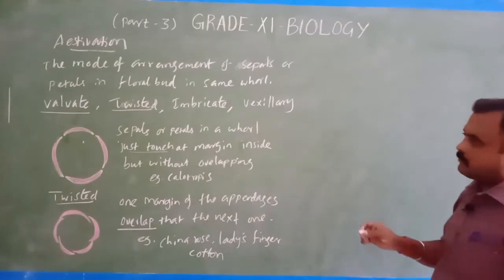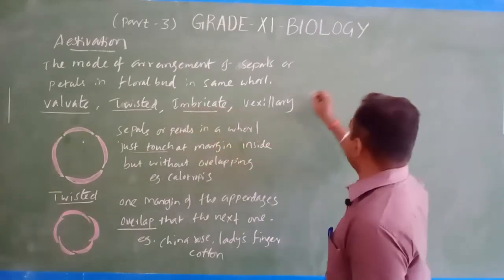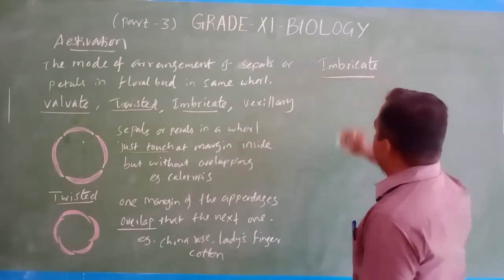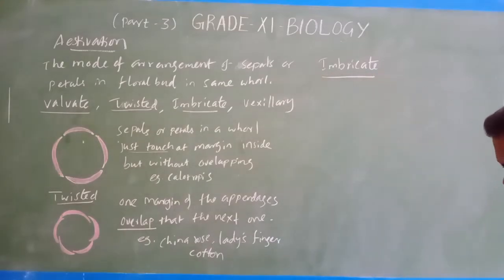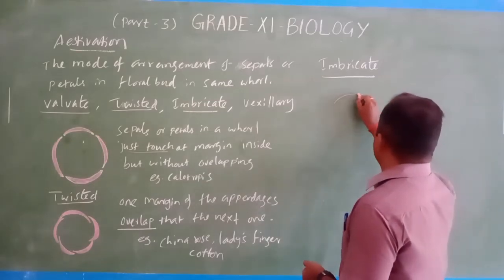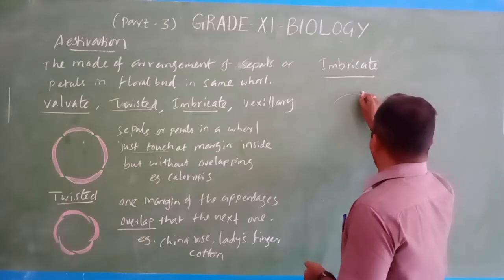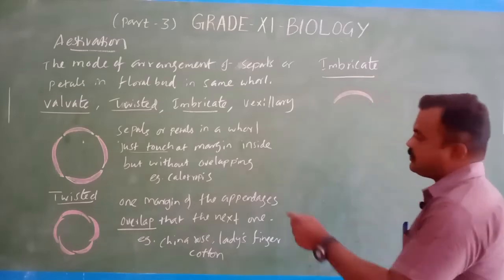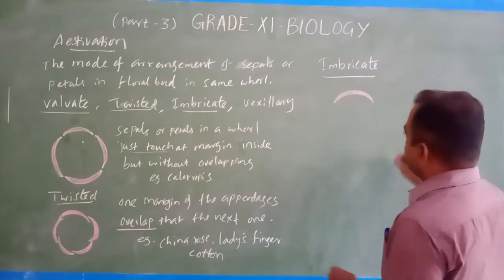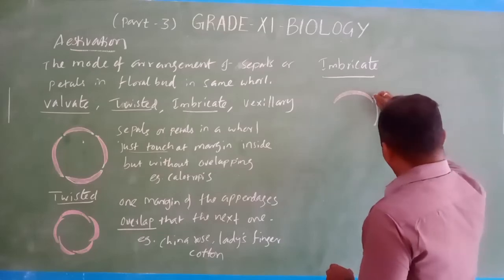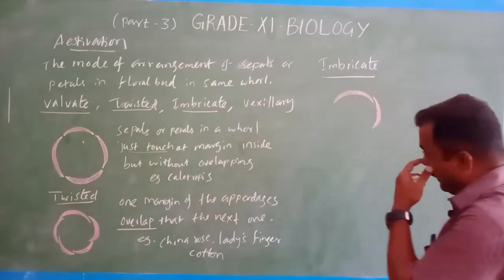The third one is what? Imbricate. Imbricate is, so this is one appendage, this is one appendage. Here you see this is overlapping, but it is not in the correct direction.